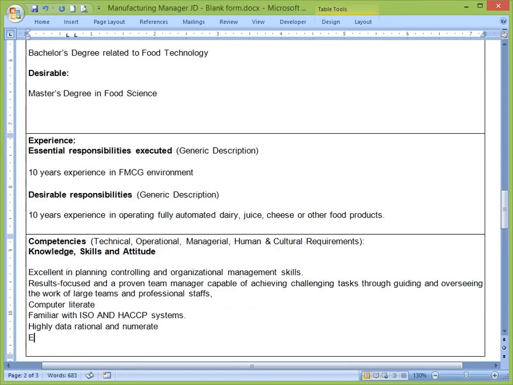Maybe we can say exposure to risk assessment, assessment-based business management. Of course, don't forget the communication skill, right?